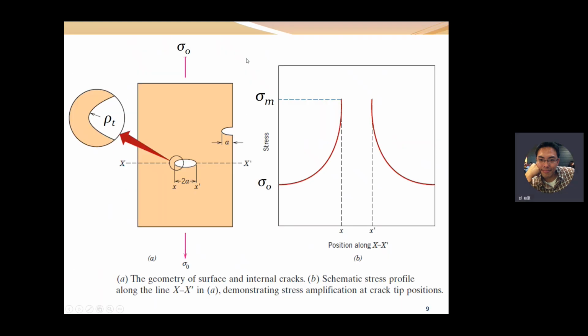So if we look at a component like this, it has an inner flaw or a flaw on the surface. When we apply stress, what's going to happen? The stress will concentrate at the crack tip. If we look at stress versus position, you see the stress concentrated at the crack tip.